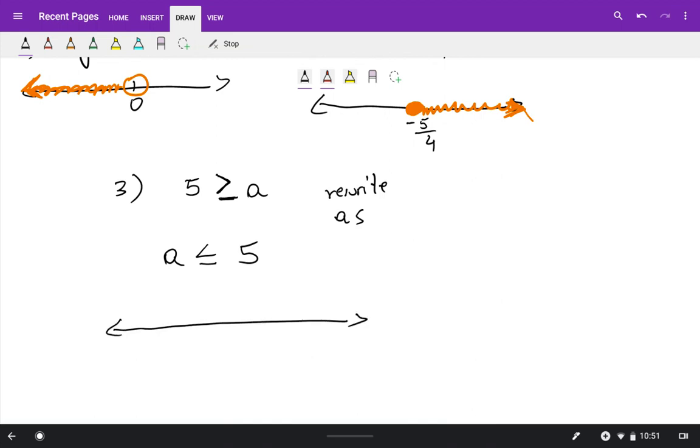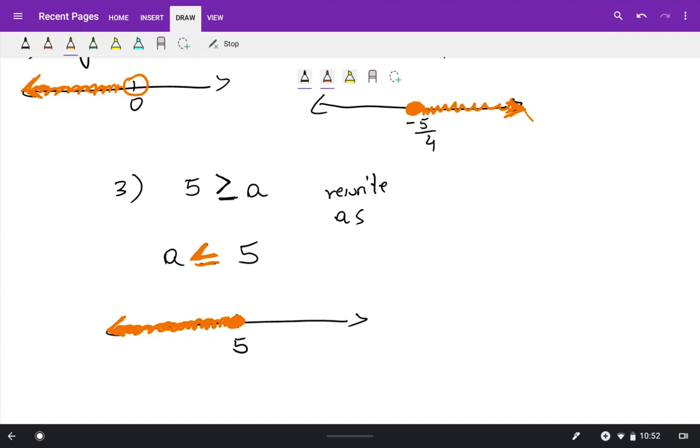Now to graph that, on the number line, you're going to put 5, the number which you have on the right side. Since we have an equal sign, 5 is part of the solution. And if you keep your variable on the left side, the direction of the inequality will match the direction of the number line, so you will know that you have to shade everything to the left.